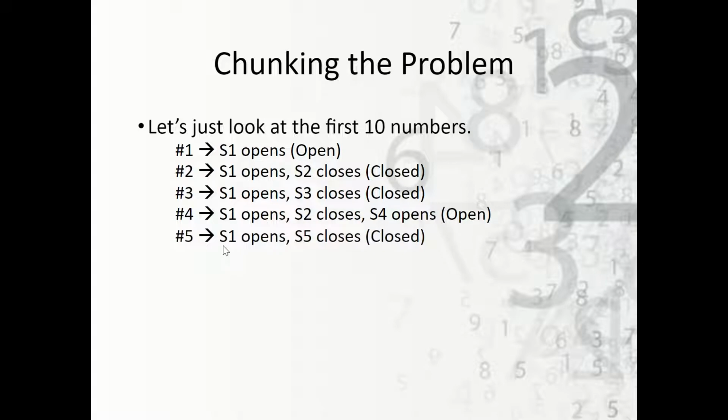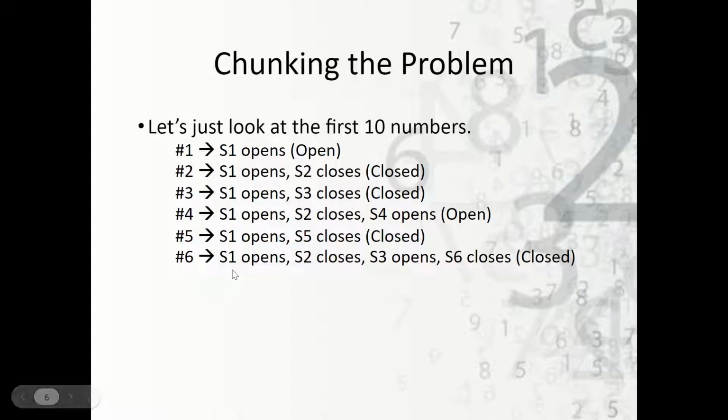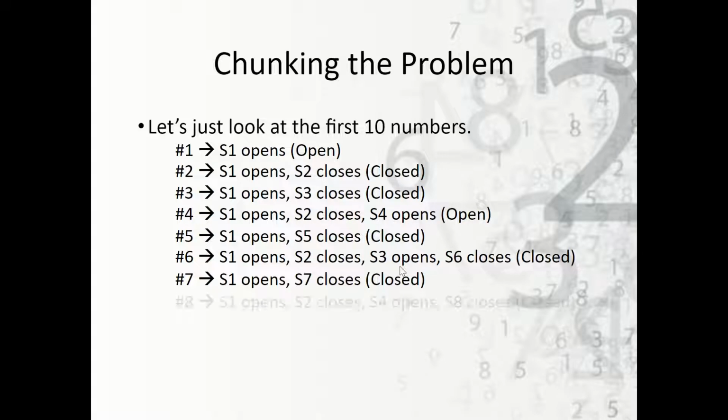Locker 5, student 1 opens it, student 5 closes it, it's closed. Locker 6, so locker 6 is opened by student 1, closed by student 2, opened by student 3, and closed by student 6. So it's closed at the end. Locker 7 is opened by student 1 and closed by student 7. So it's closed.